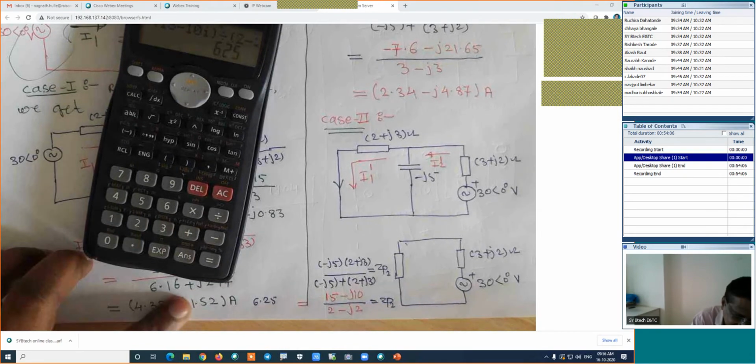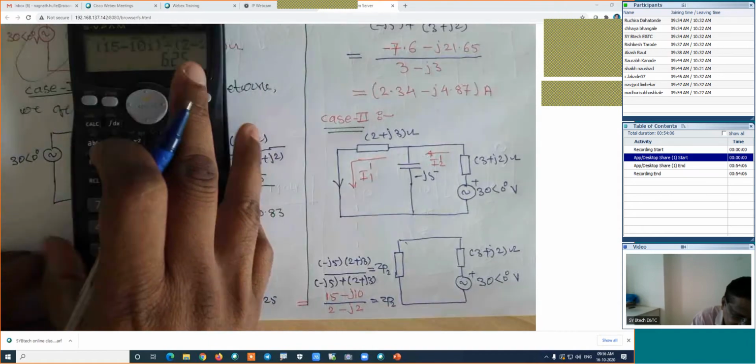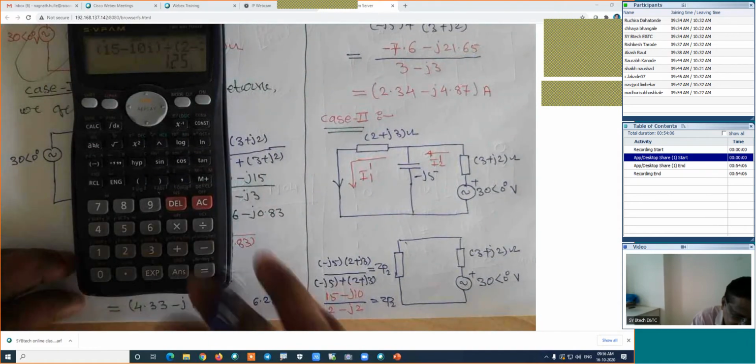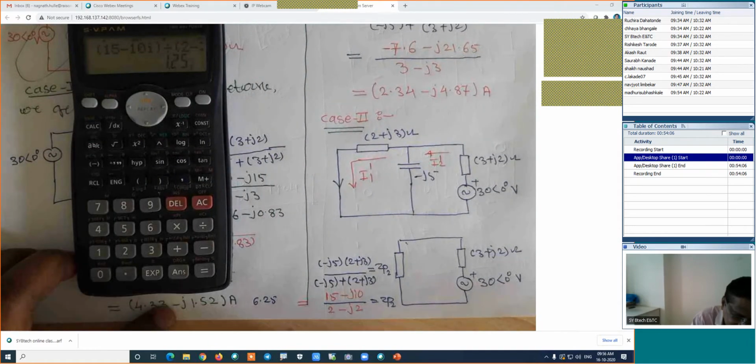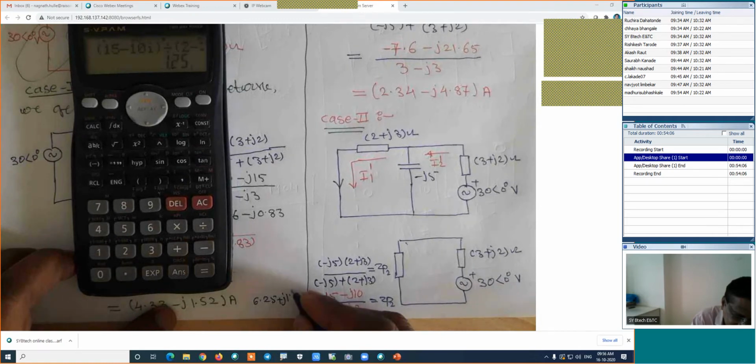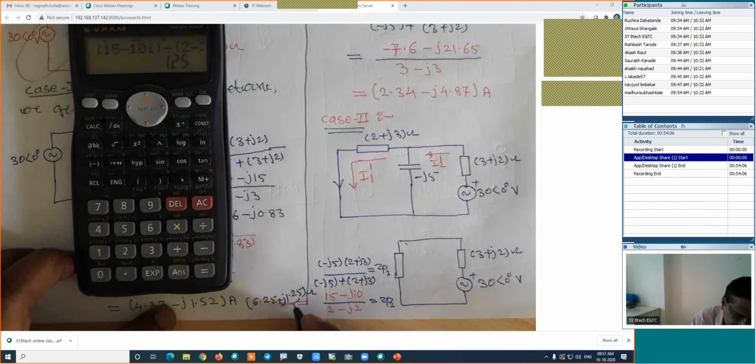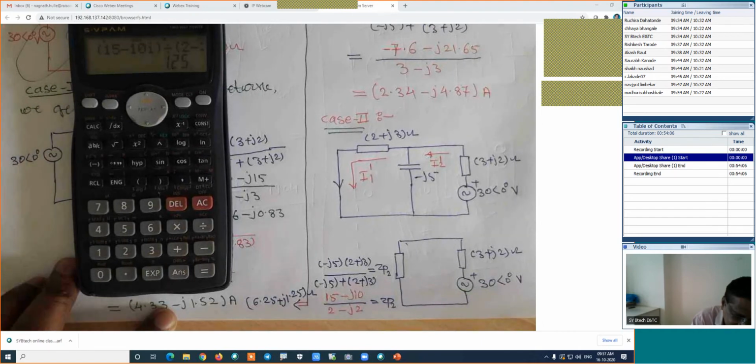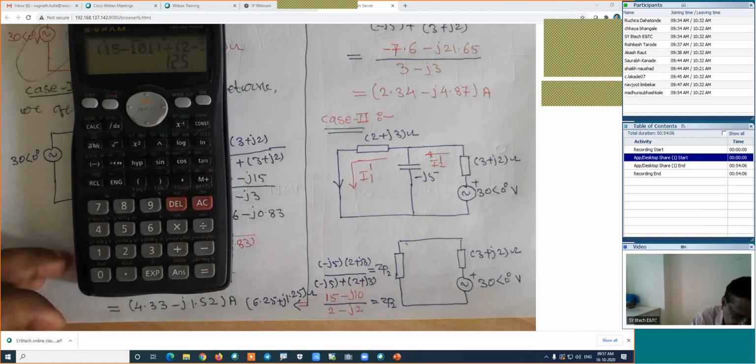Then shift and equal to, plus j1.25, and this is in ohms. Is it right? This means this impedance ZP2 is found to be 6.25 plus j1.25.